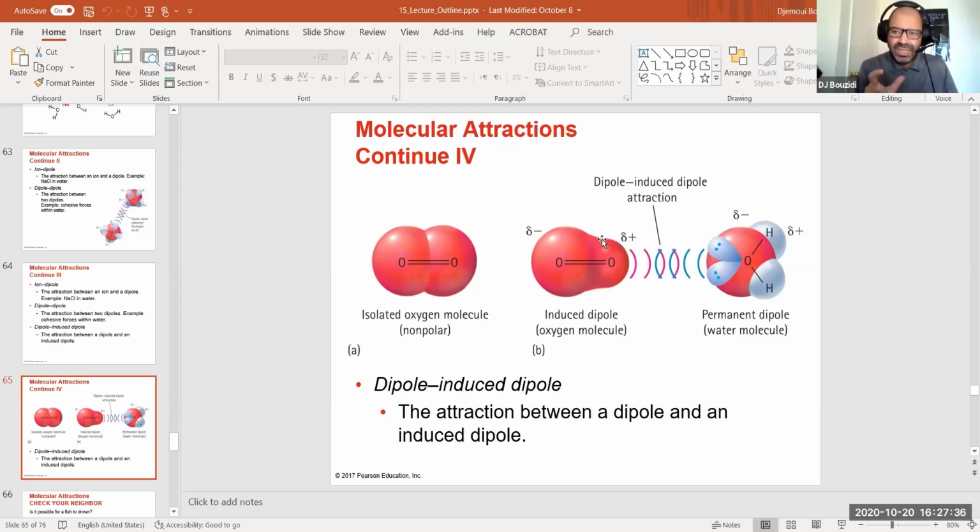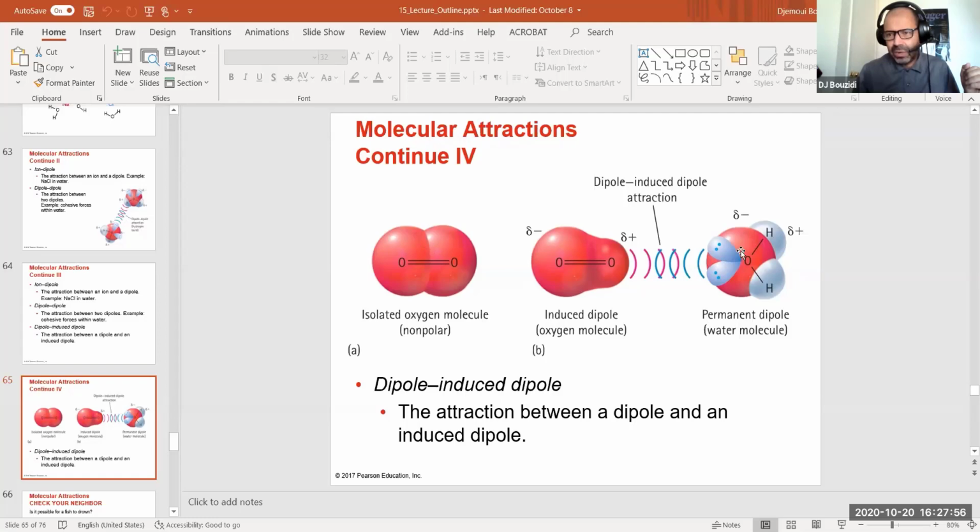Now, like I said, the oxygen by itself is non-polar. It has no polarity whatsoever. The water molecule is polar. It's actually a highly polarized molecule. In this case, what happens is that it moves the electrons.